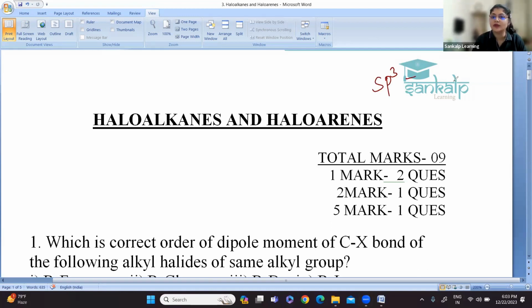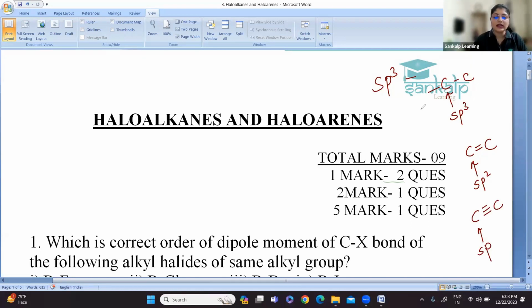When you have carbon single bond carbon, the hybridization of this particular carbon is sp3, right? When you have a carbon with a double bond, the hybridization is sp2. And if a carbon is attached to a triple bonded carbon, then the hybridization is sp, right? So this is the hybridization.